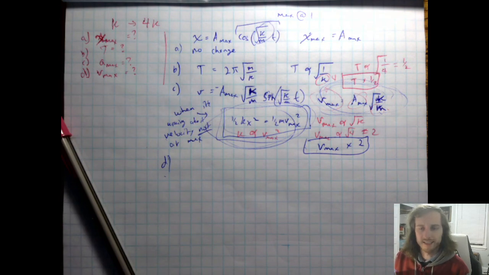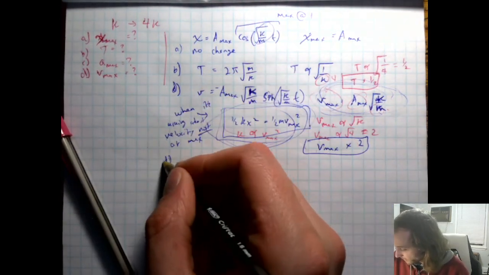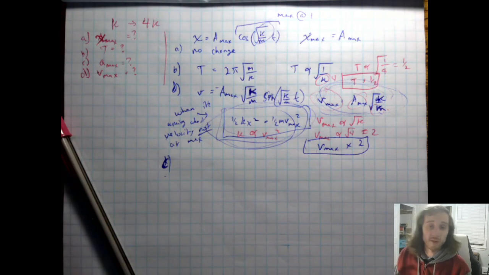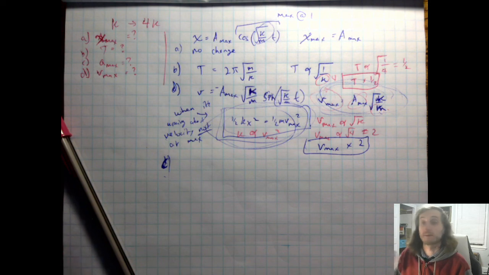Oh, I accidentally did D instead of C. This is D. For C, similar things where you could just use the force equation. You know that acceleration maximum will be happening when you're at your maximum displacement.